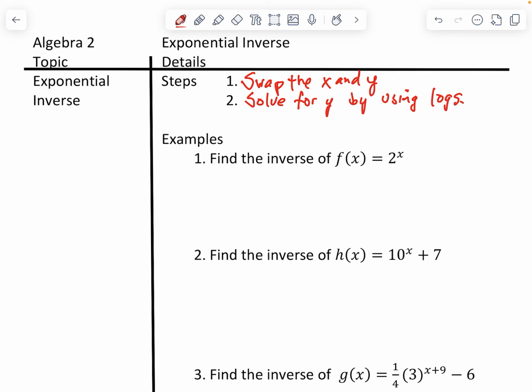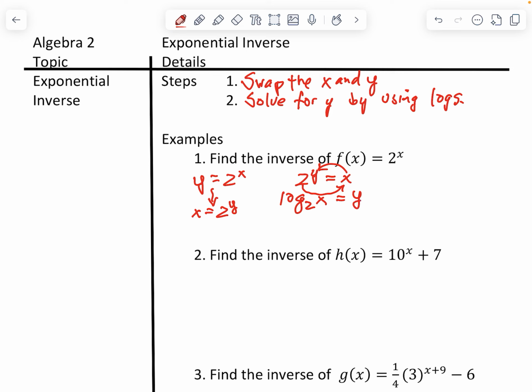So our first example here, we'll set up, first of all, as y equals 2 to the x. We'll swap the x and the y, so that becomes x equals 2 to the y. Now, in order to get that y out of the exponent, I'm going to rewrite it as 2 to the y equals x, and then go log base 2 of x is equal to y.